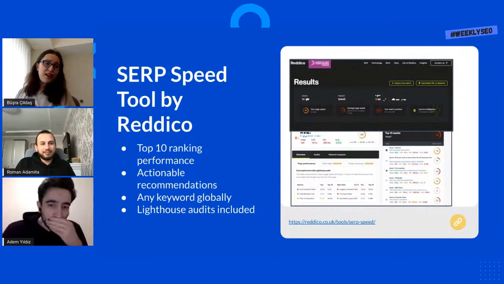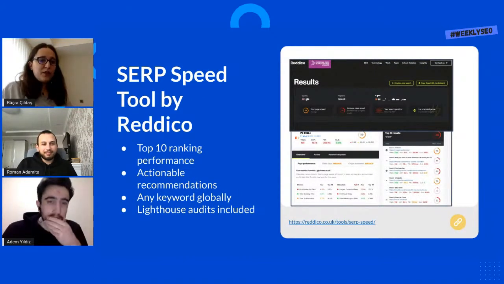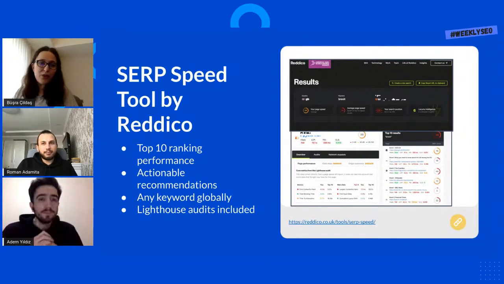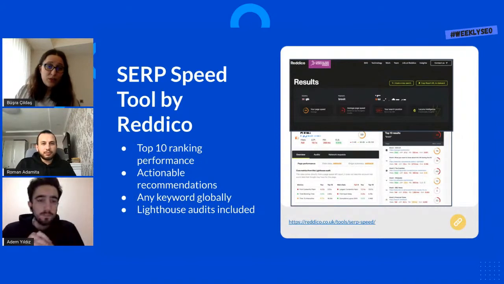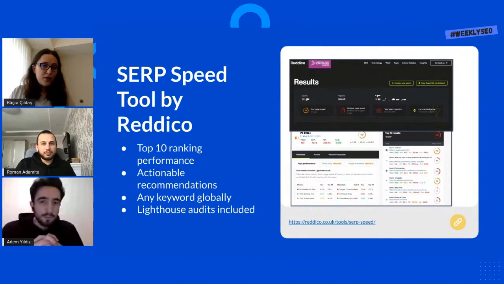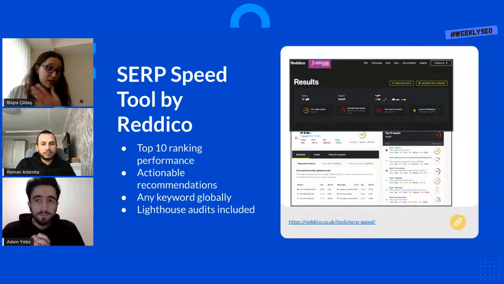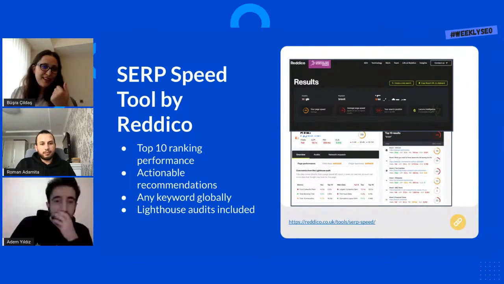So this is a really, really hot topic from Twitter. Everyone was talking about it, and they're still talking about it today. And this is a SERP speed tool by Reddico. It's a really good tool, and you may ask what is the difference from other speed tools, but you can understand it from the wording there, this SERP.